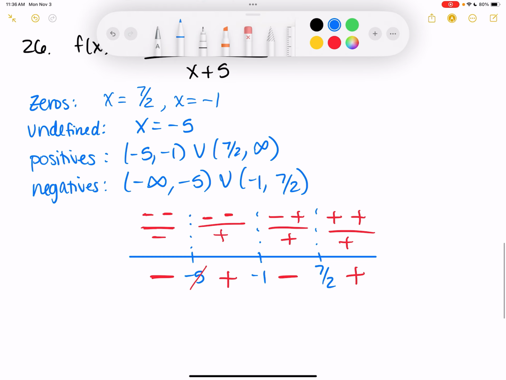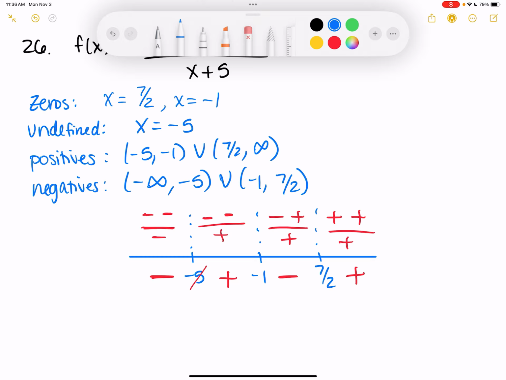So when you said we're not including the undefined guy, wait, what? We're not including any of the undefineds or the zeros. We're not including anything because these are equalities. So zeros are their own thing, undefined its own thing. What are we not including it in?